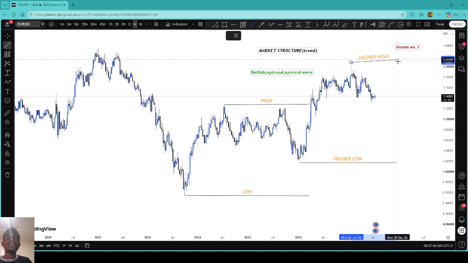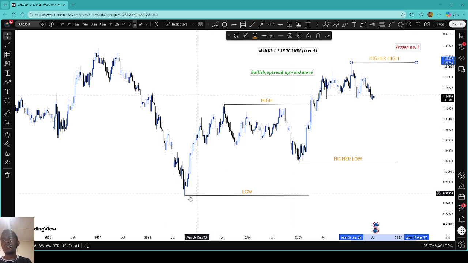So we already have a good identified structure. A low, a high, a higher low, a higher high. Are we together? So this one is already what you look into.